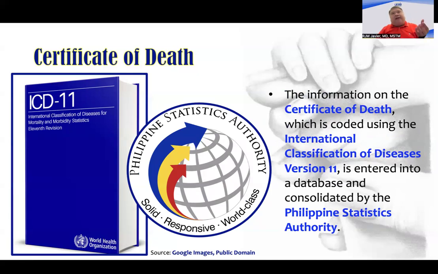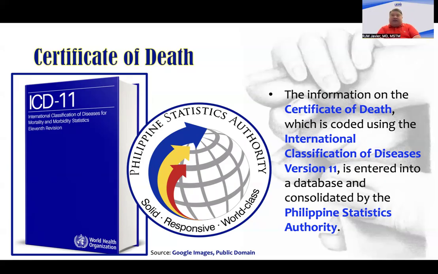So for every medical condition, there is an equivalent ICD 11 code. When you accomplish a death certificate or certificate of death, you are also required by law to include the ICD 11 code so that your diagnosis conforms to international nomenclature, international labeling of disease.